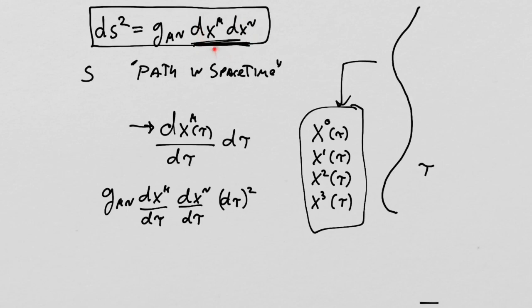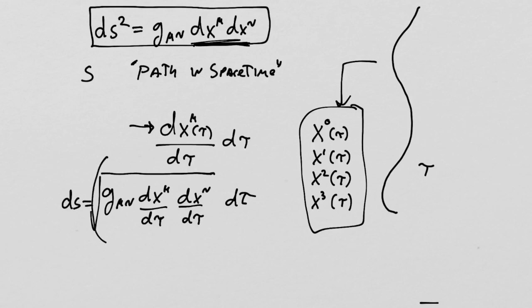But what I've done is I've taken these two different objects, mu and nu, which could be 0 and 1 or 2 and 3 or whatever, and then we've got just one now. That's the parameterization of the path. And so now I can actually write ds equals the square root of that, and then of course this part here just becomes, when you take its square root, d tau.